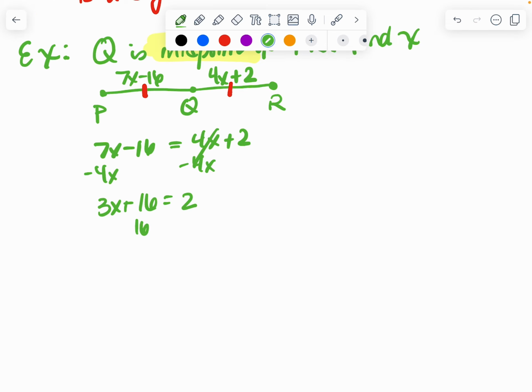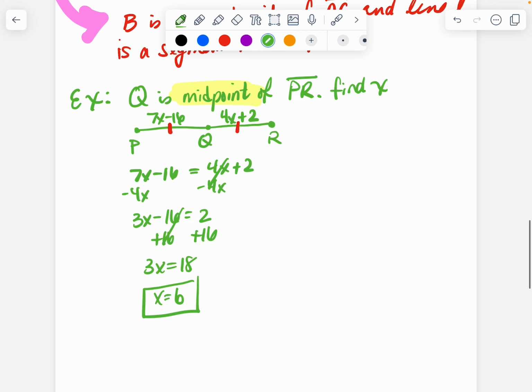Add 16, oops, that's not what I wanted to do. Add 16 like this, do it the right way. 3x equals 18, x is 6. The only way that you know how to set up that equation is if you know what this word means up here. That's how I know that, okay?